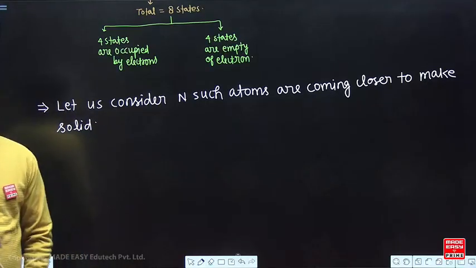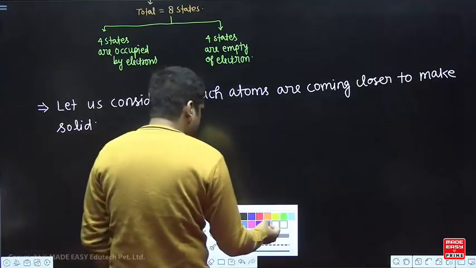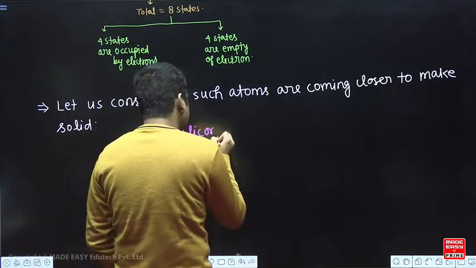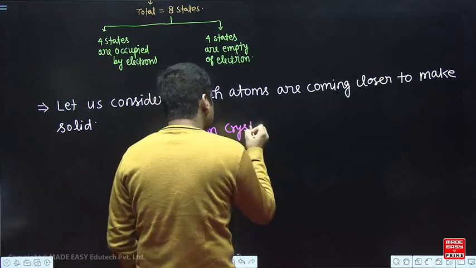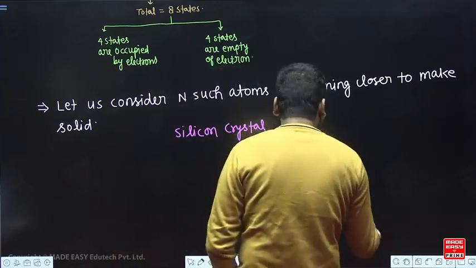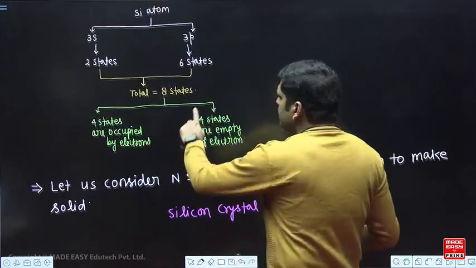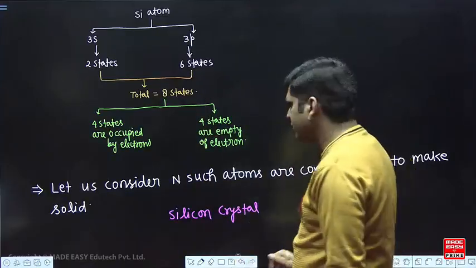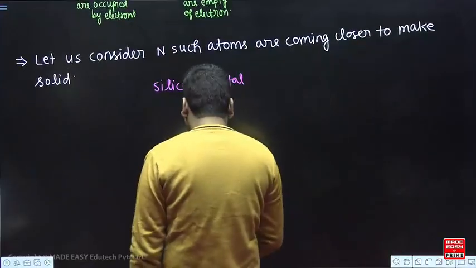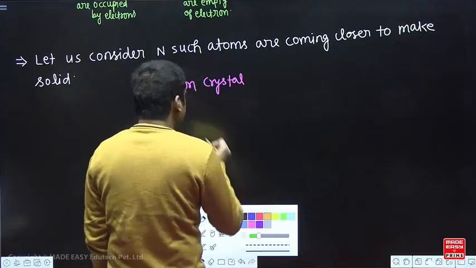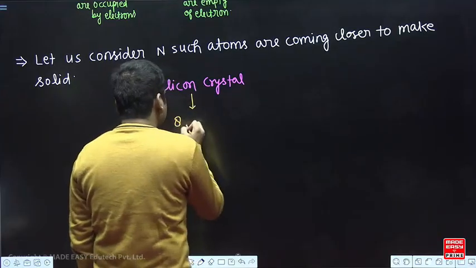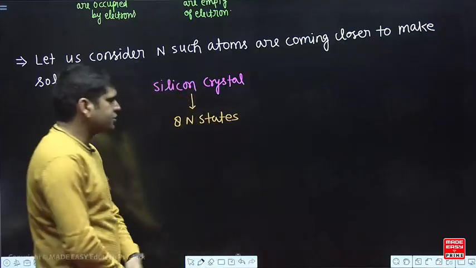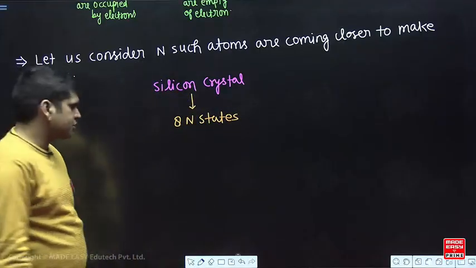So if n such atoms are coming closer to make a solid, then in silicon crystal, silicon solid, whatever you want to say, how many states would be there? In a single atom there are 8 states. So if n atoms are coming closer, there would be 8n states. So here we are having 8n states. For one atom 8 states, so n atoms 8n states.